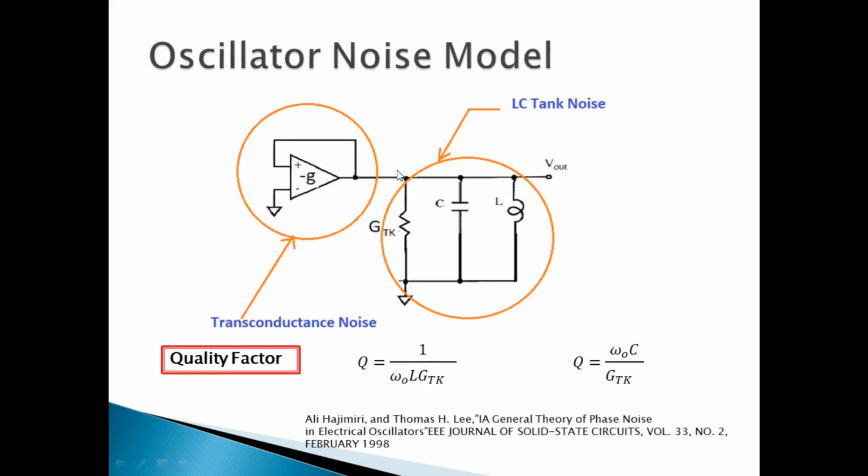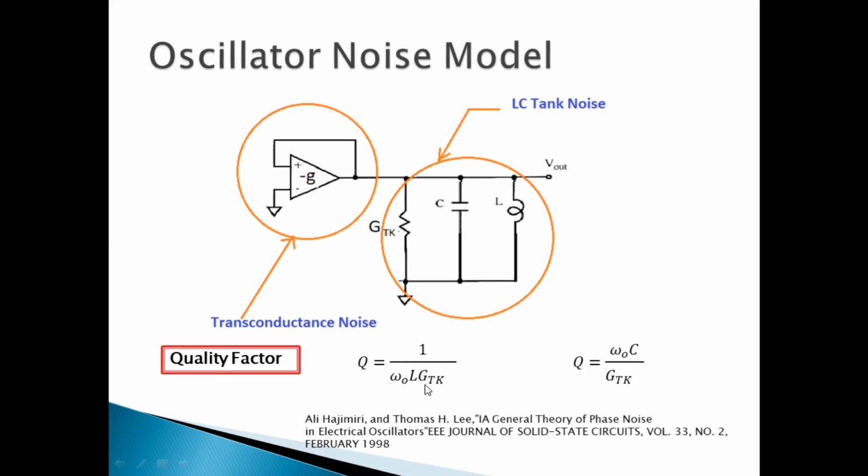The quality factor of the LC tank can be understood to be 1 over omega naught L G_TK, where G_TK is the conductance of the LC tank circuit, and the quality factor can also be expressed in the form of the capacitance.